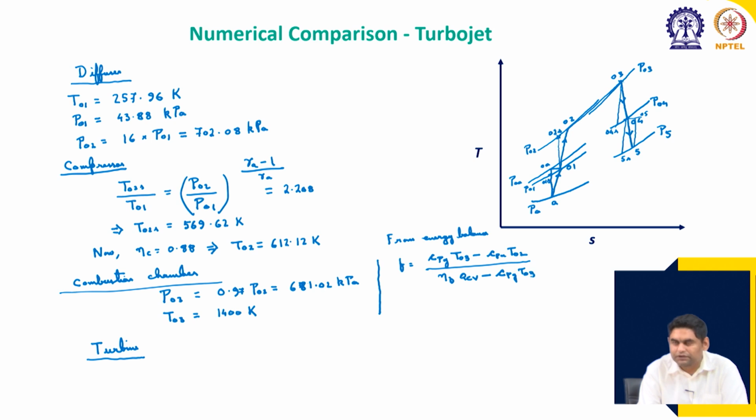This comes from the energy balance, we have done it many times. Everything is known. So, Cpg is 1.148, T03 is 1400, Cpa is 1.005. T02 we have calculated right now, 612.12. Combustion efficiency is given as 96%, calorific value is given as 43,000 kilojoule per kg, and these two we have already stated. So, this comes out to be equal to 0.0250, or 0.025.